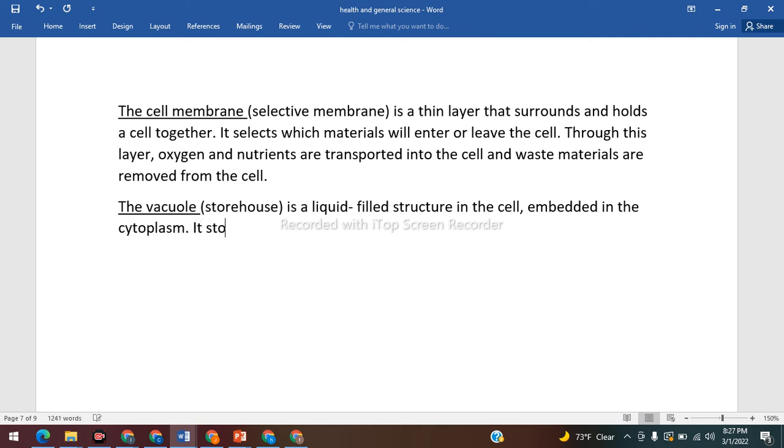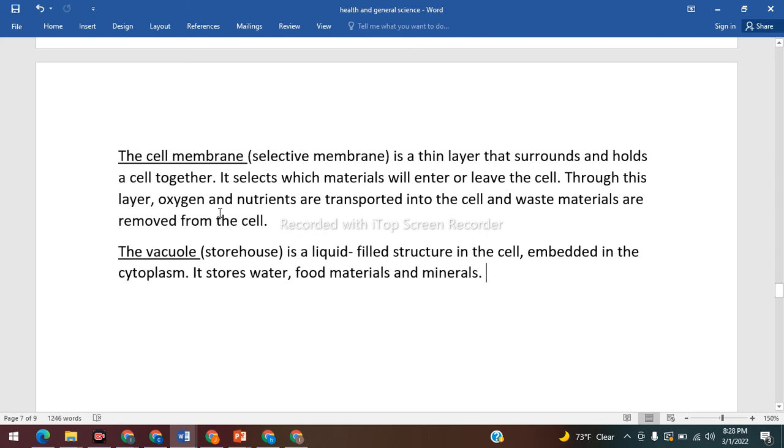It stores water, food materials, and minerals. All right. And so that's what we have for the vacuole. So it's a storehouse.